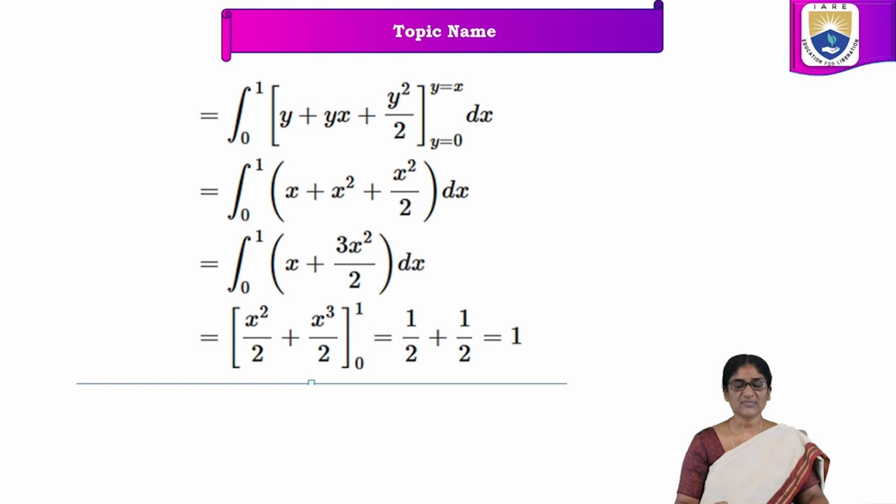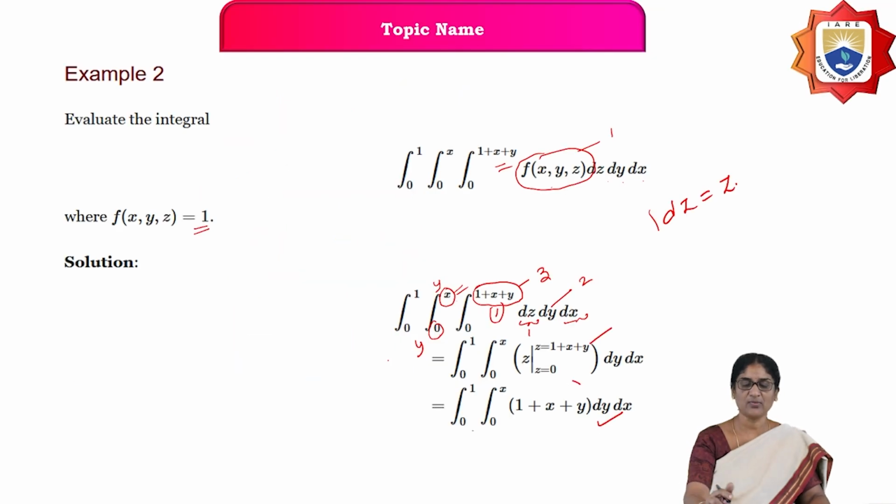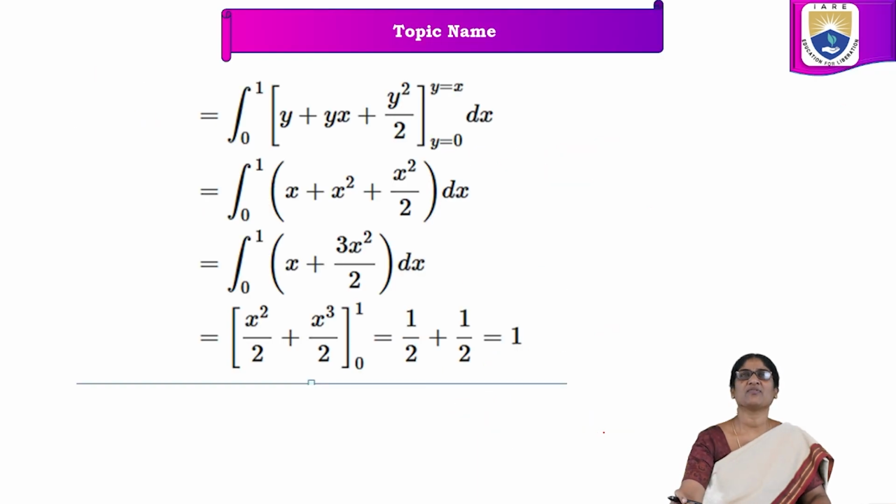Now we are integrating 1 with respect to y. So you are going to get y plus x, where x is a constant, so you take it outside as you are integrating with y. Integral of 1 is y, and integral of y is y square by 2, into dx.